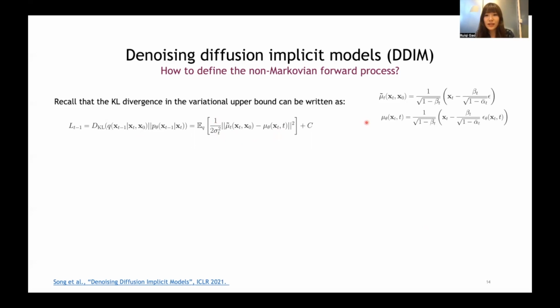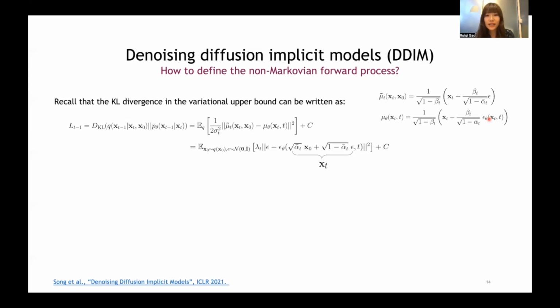And recall that these two mean functions have been parameterized by a simple linear combination of x_t and epsilon, or the combination of x_t and the predicted epsilon. Epsilon is the noise added to the clean sample to get x_t.